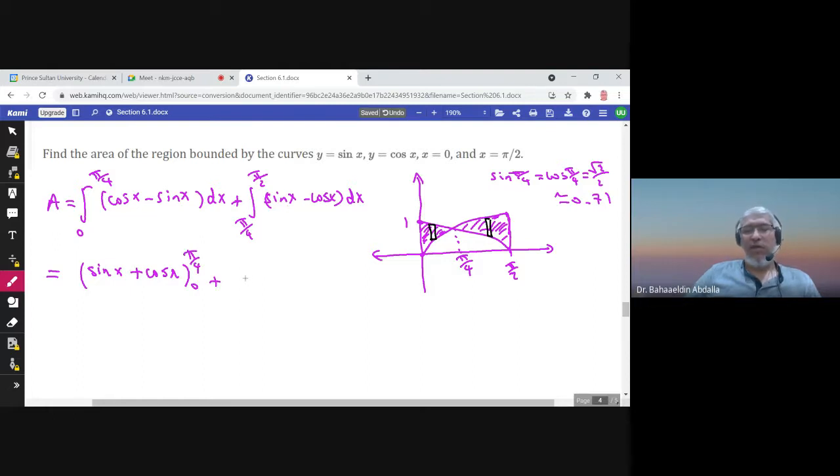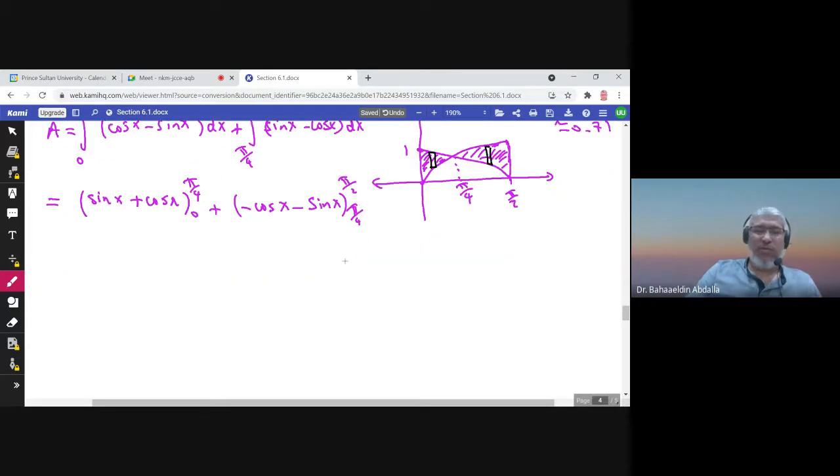Integral of sine is negative cosine, integral of cosine is sine, from pi over 4 to pi over 2. So we will have sine pi over 4, which is square root of 2 over 2, plus cosine pi over 4, which is square root of 2 over 2, minus sine 0, which is 0, plus cosine 0, which is 1.